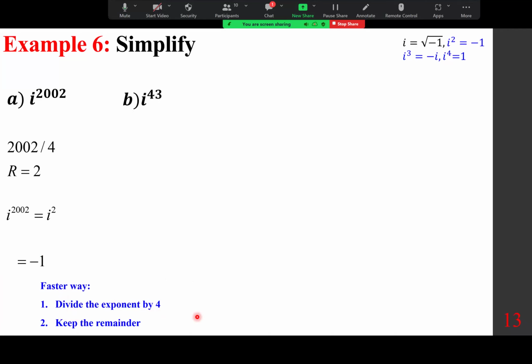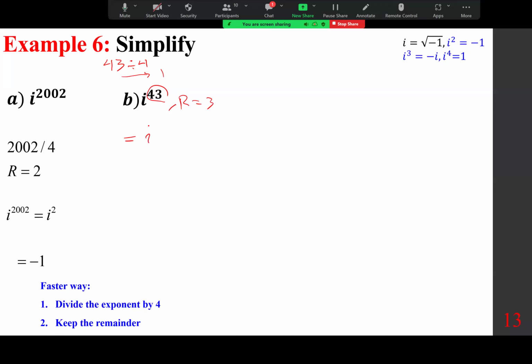How about 43? Let's quickly do that. We are going to divide number 43 by 4. The remainder, let me just write it here, is 3.